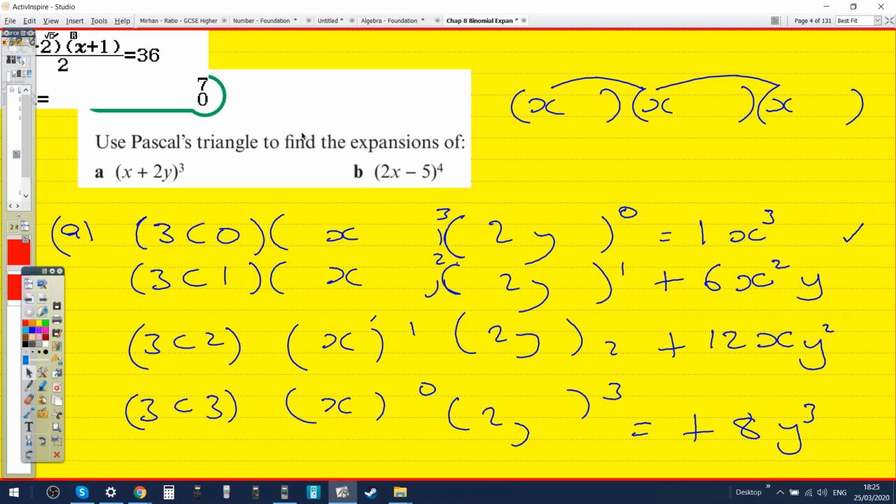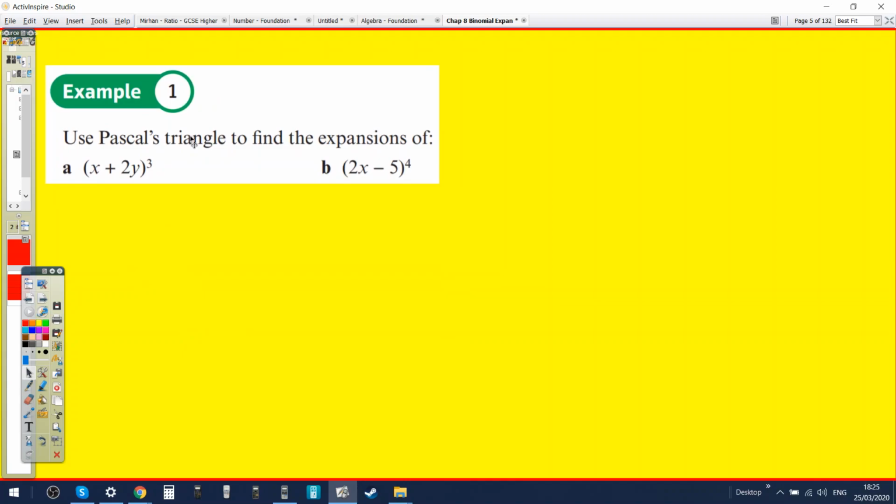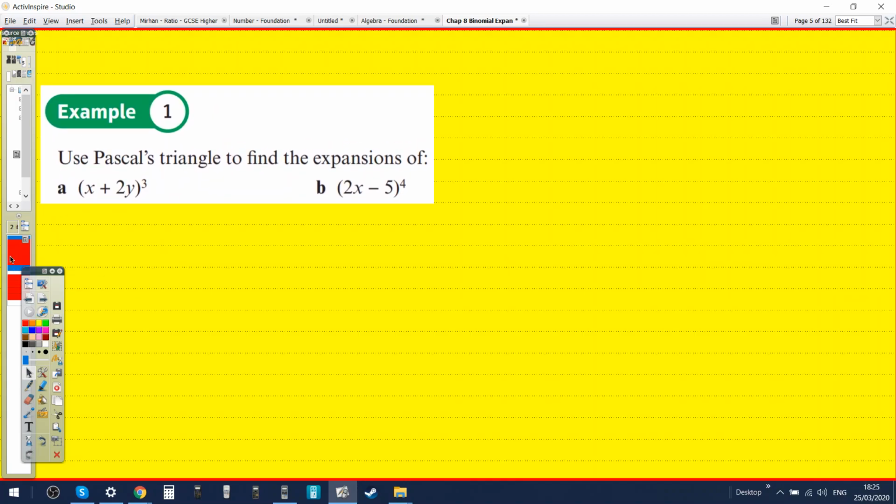Let us now try that for question B. Okay, so we do, is it 4 choose 0 times 2x to the power of 4? Yep.